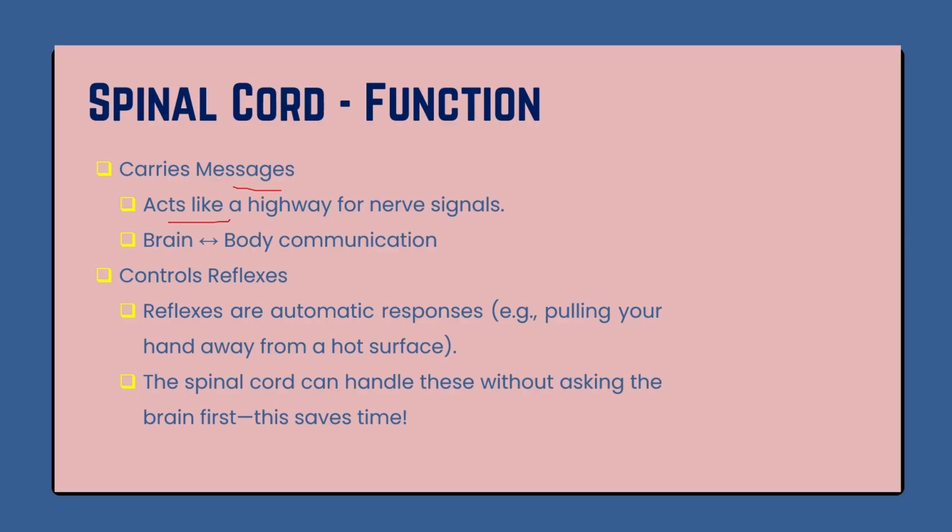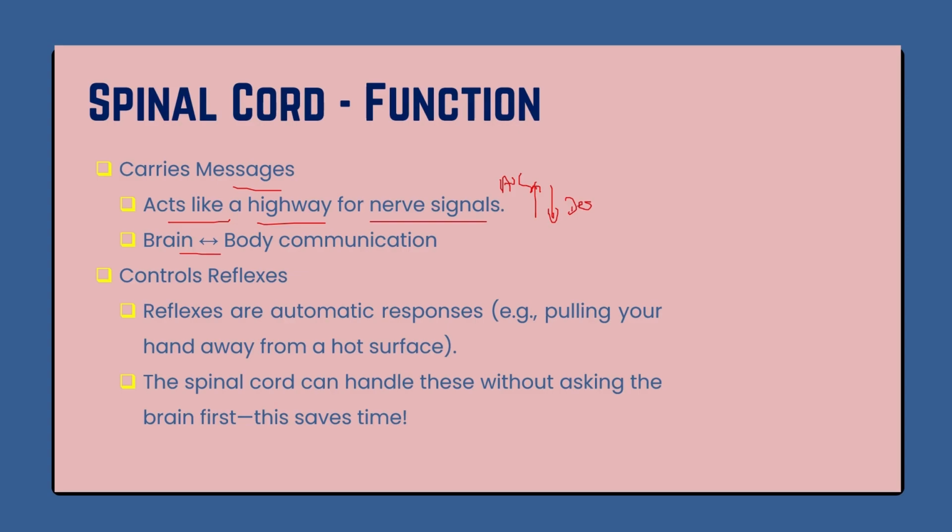It acts like a highway for nerve signals. We said this is a two-way highway, right? With ascending tract and descending tract to the brain from the brain. All right. So that is spinal cord for you. It's involved in brain-body communication, right? Body to brain ascending, brain to body descending.